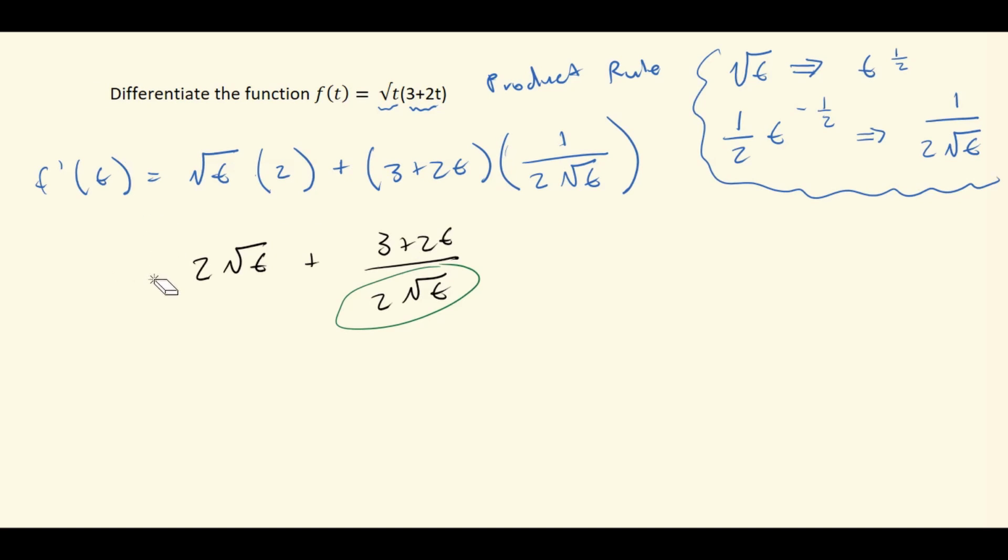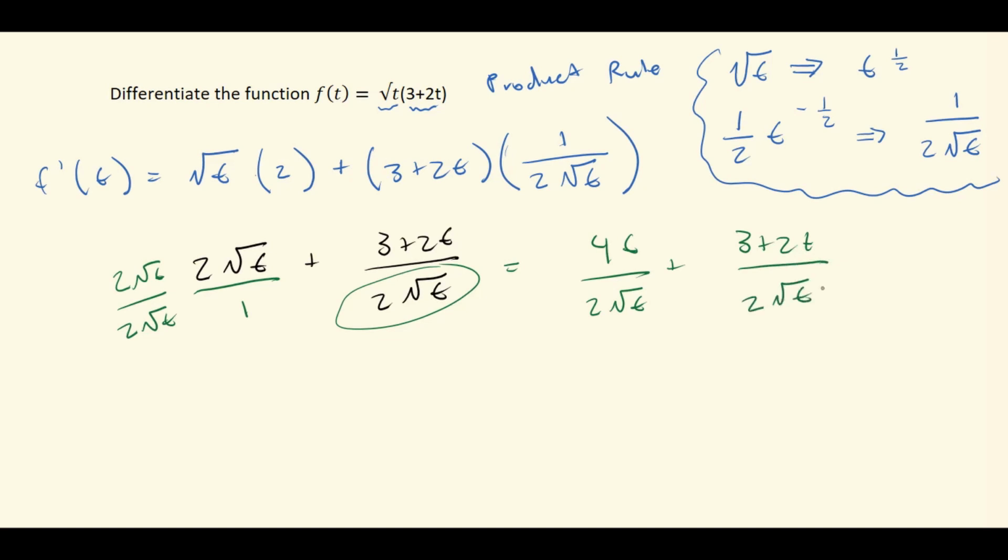So we're going to multiply this term by 2 root t over 2 root t. We can imagine this being over 1, which will give us 4t divided by 2 root t plus 3 plus 2t divided by 2 root t.